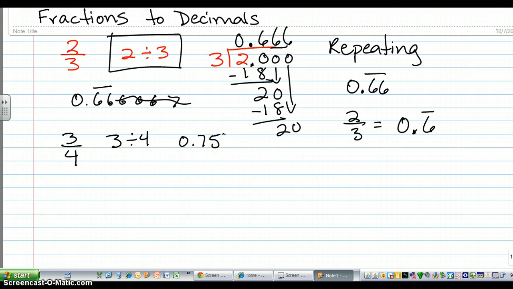Okay, so 2 ways of changing a fraction to a decimal. Long division, if you're not allowed to use a calculator, but if you can, just plug it into your calculator. Okay, easy peasy, lemon squeezy.